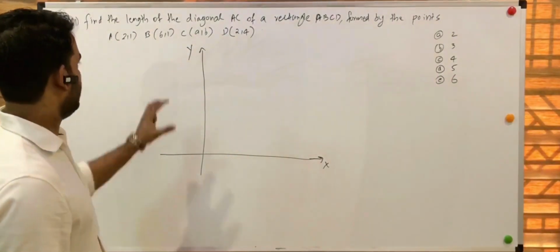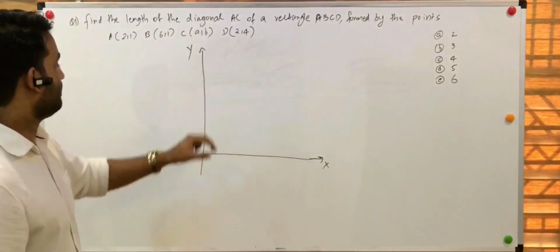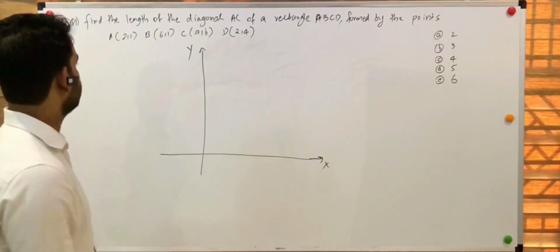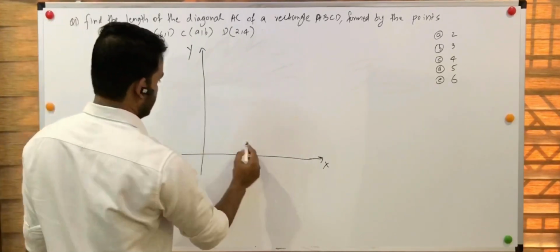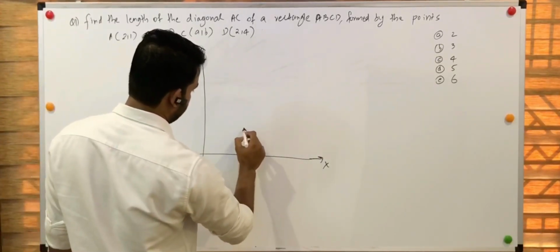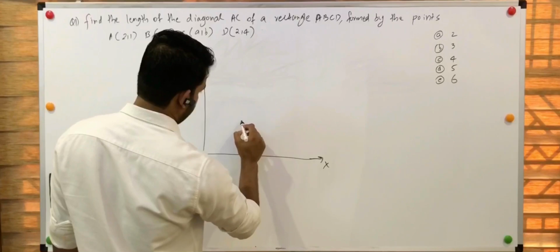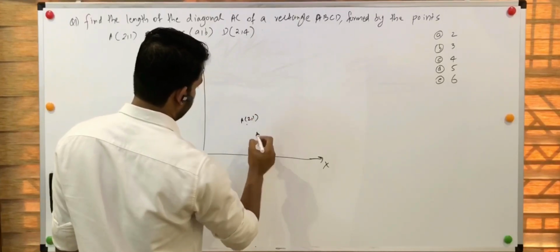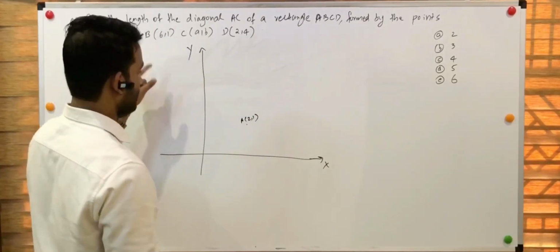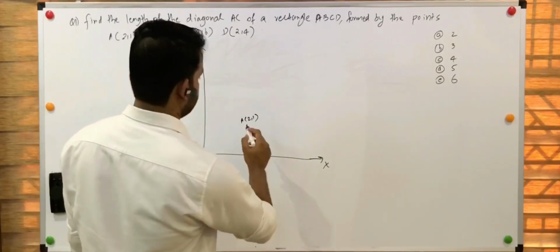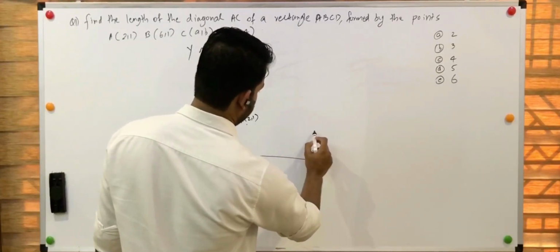Now I am going to mark the given points in the coordinate plane. Let A be somewhere here, (2, 1). And B would be at (6, 1), somewhere here.